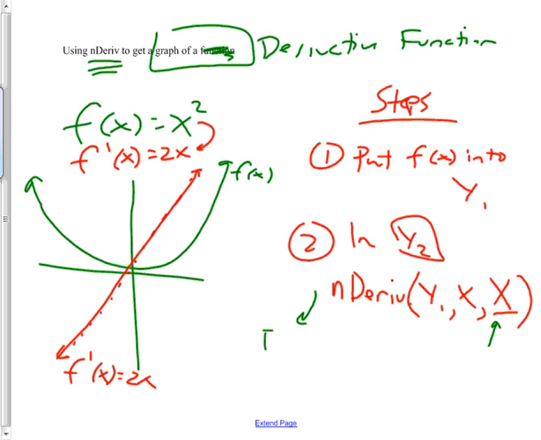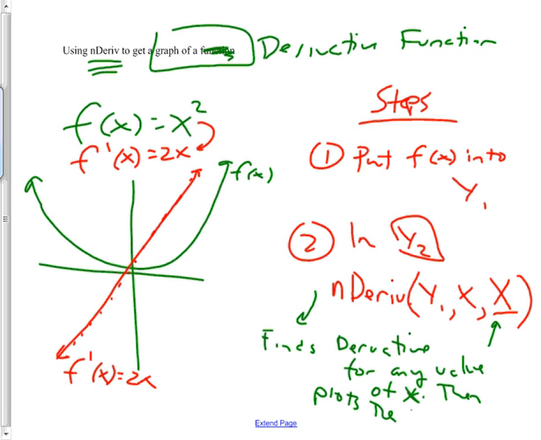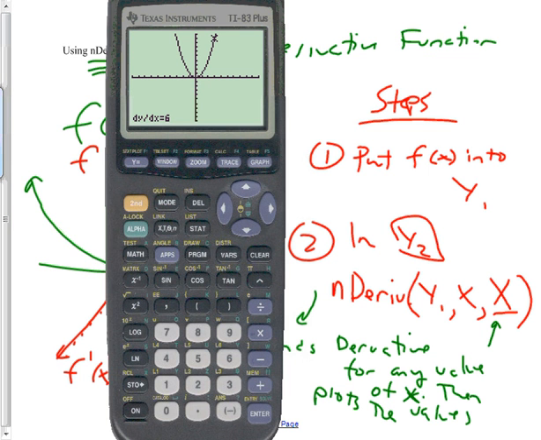This finds the derivative for any value of x and then plots the value so that we get a complete picture of the derivative function. So let's see it. Let's just work with y equals x squared again. The first step, put the function into y1, we did it, and then into y2.